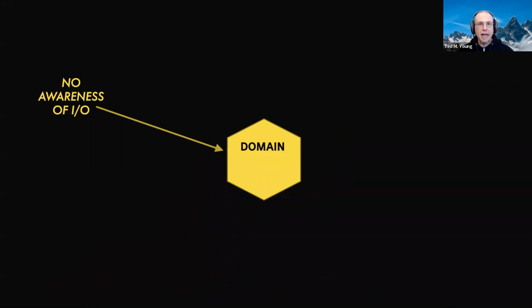It literally has no idea that the outside world even exists. This is the pure, conceptual domain. This is where we put all our code, and we can easily drive and test this, because we just instantiate objects, call methods, and then verify. Very easy. Even if there are multiple objects involved, what we sometimes call sociable tests, they're still really easy to write and easy to run.